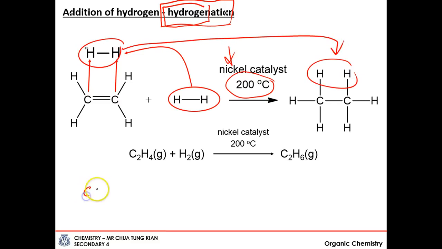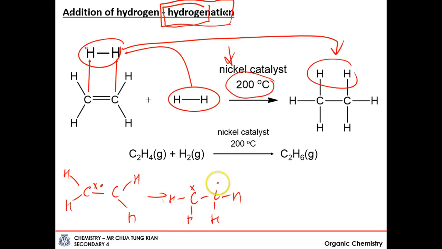If I draw a dot and cross diagram, if I split just one bond, dot and cross, it splits open like that. And when the hydrogen comes along, the bond forms between the H and the C. This is across the double bond.